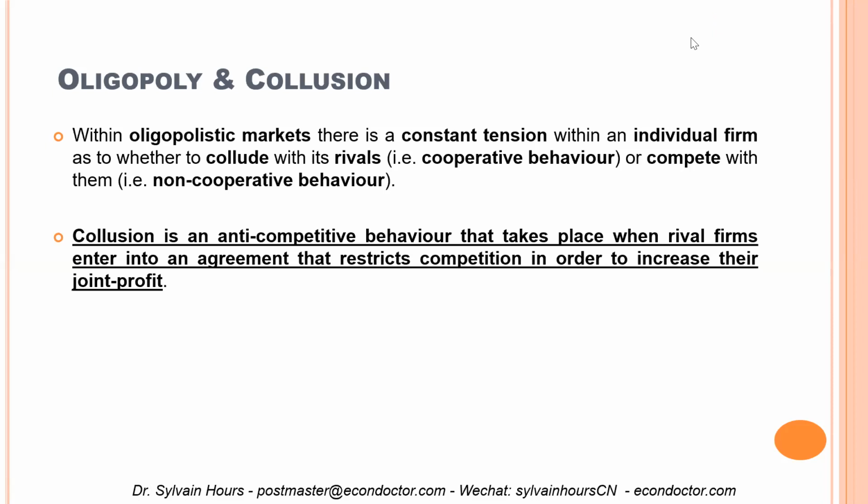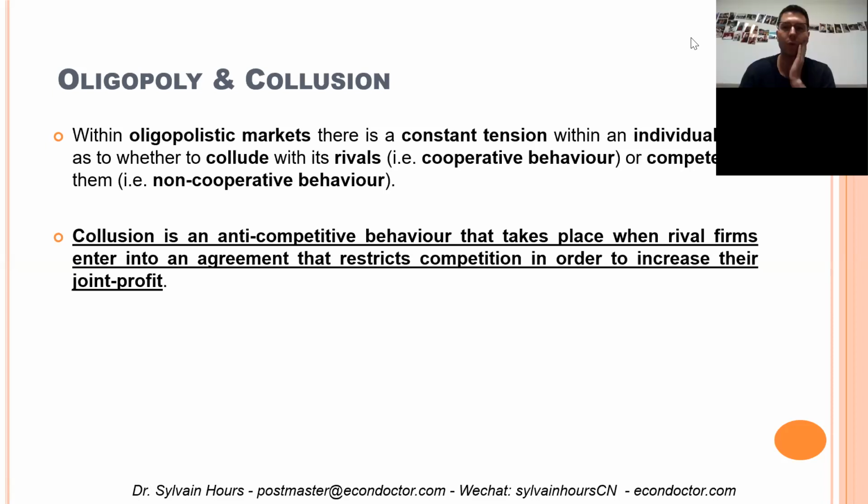So when you define collusion, it's important to explain what it is and what the objective is. The objective is to increase their joint profit. The joint profit is the total profit of the firms in the industry, the profit that they make all together.